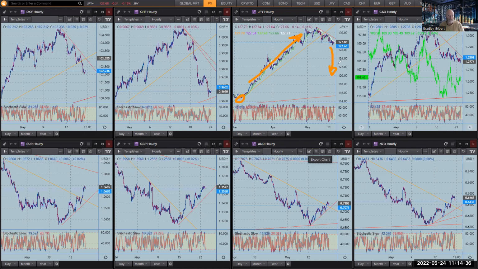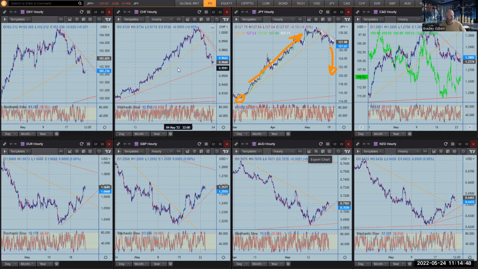Say, for instance, there was a massive geopolitical risk, the yen would come in as a safe haven and this thing would just drop like a lead balloon. So by shrinking up your charts, it's also a good way to see where potential is for the next move.